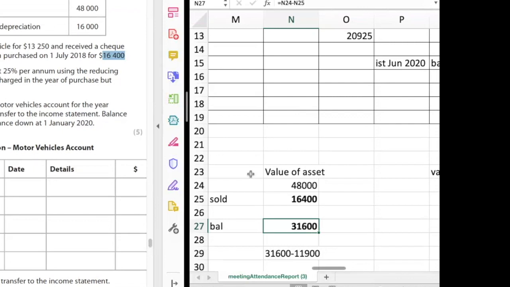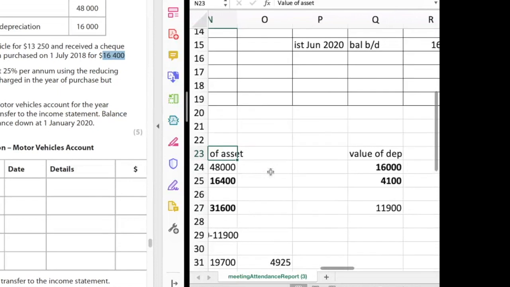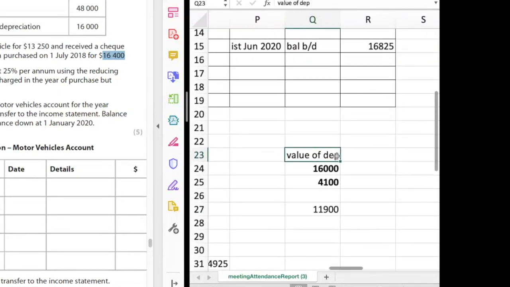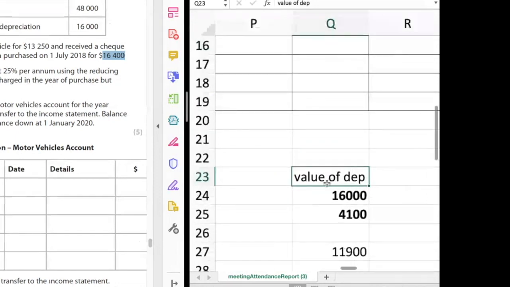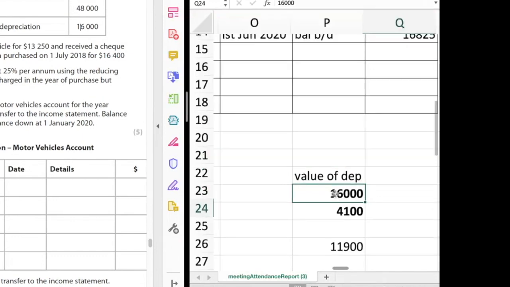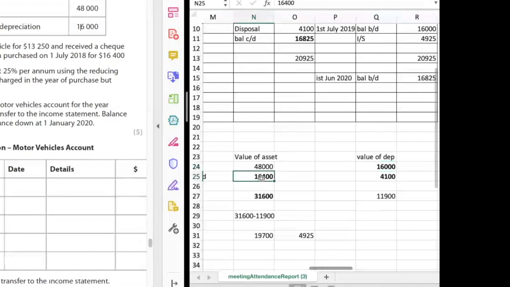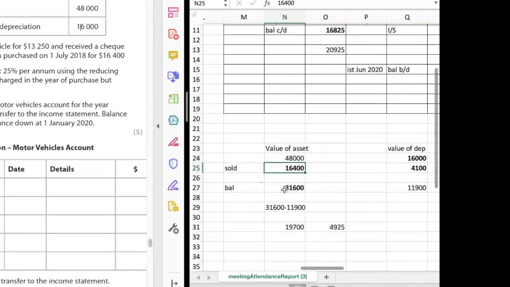After that, this was step number 1. Step number 2 is, what is the value of the depreciation? We see the value of the depreciation given to us is 16,000. So with this 16,000, now we have to find out the value of the depreciation of the asset which was sold.